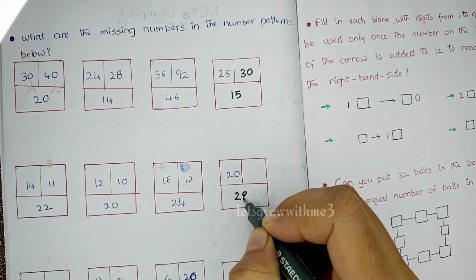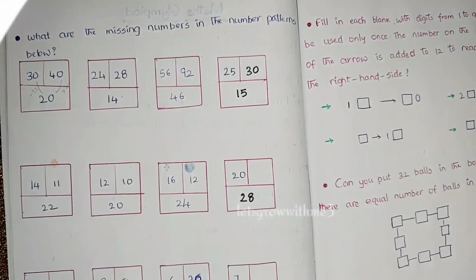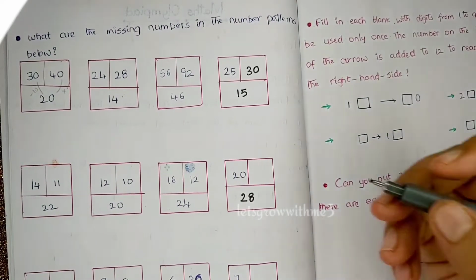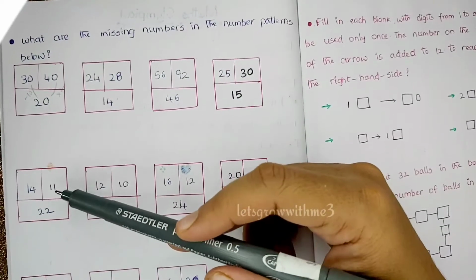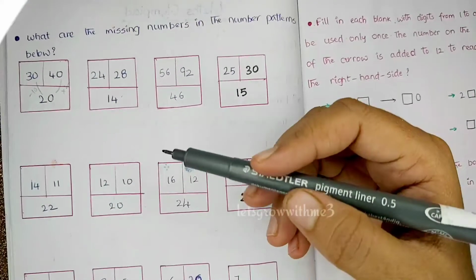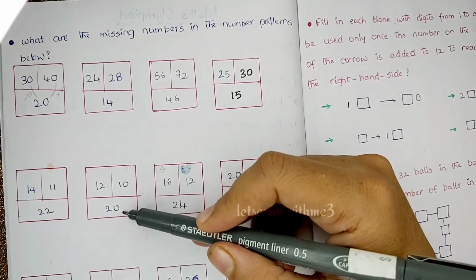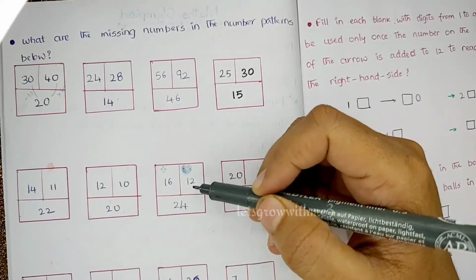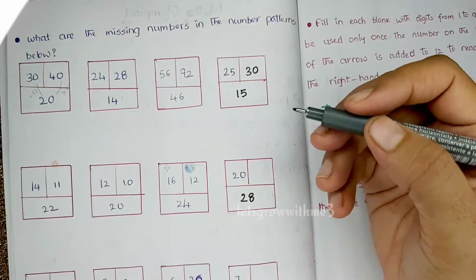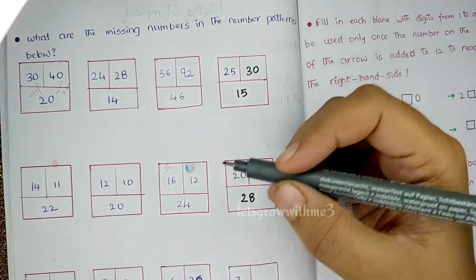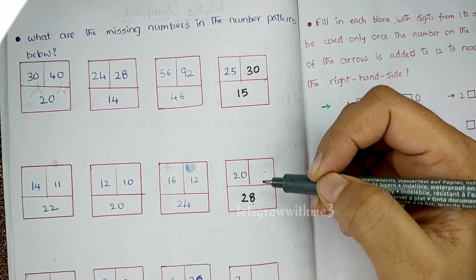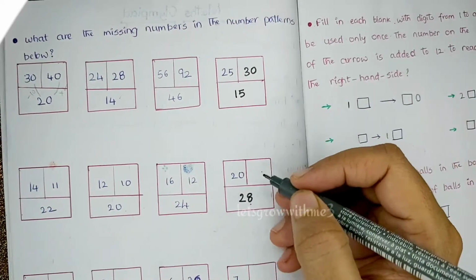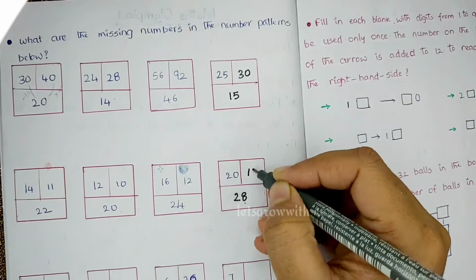But I should get this value first. For that value, I did plus 8: 14 plus 8, 12 plus 8, 16 plus 8, and then 20 plus 8, 28. When you double this side number, you get this number. So if I have 28 here, I should have 14 here, because 14 plus 14 is equal to 28. So let's write that value, 14.